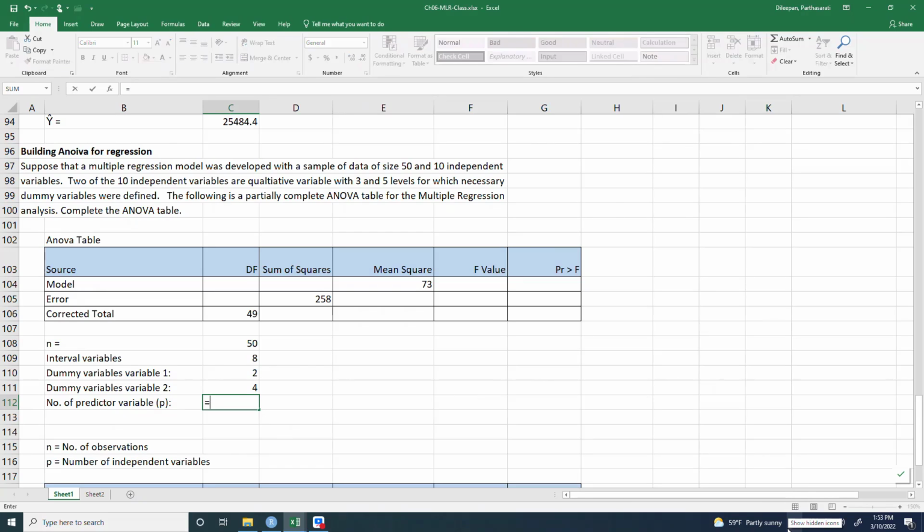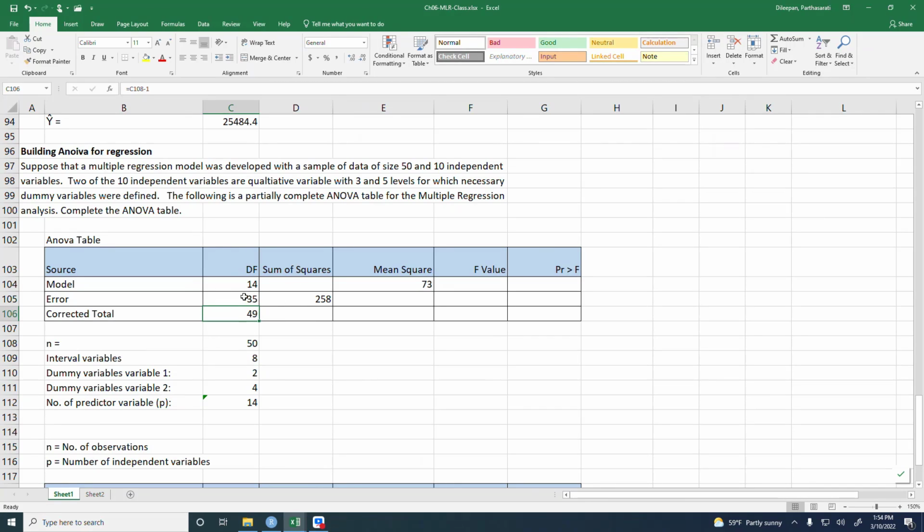So the total number of predictor variables, the total number of independent variables is 14. So that's what should go in here. 14. All right, so now this is going to be the difference between 49 and 14.